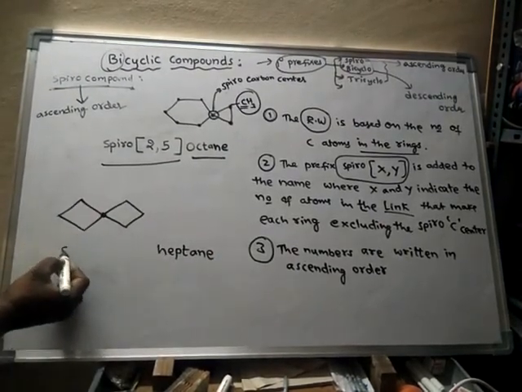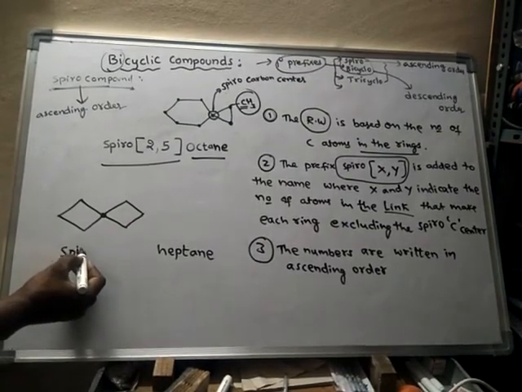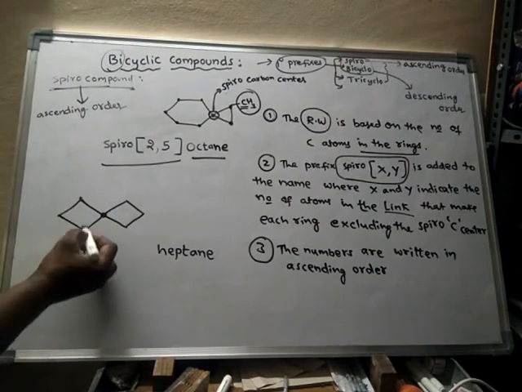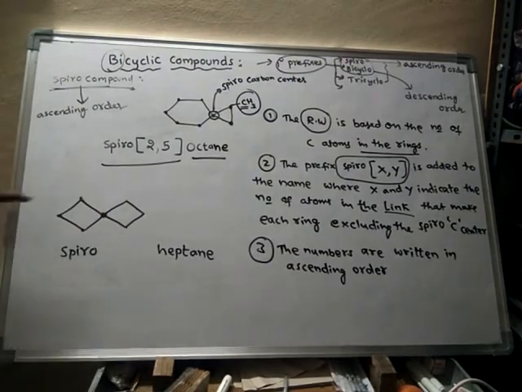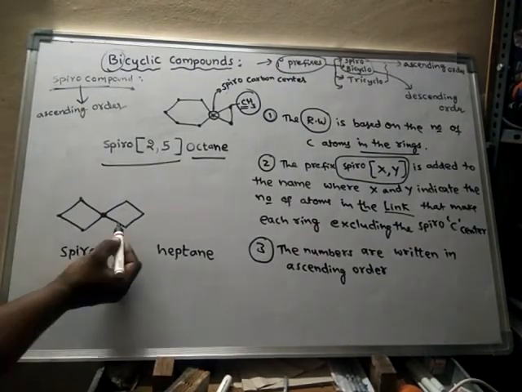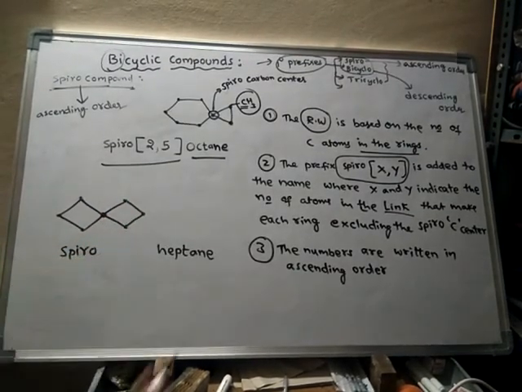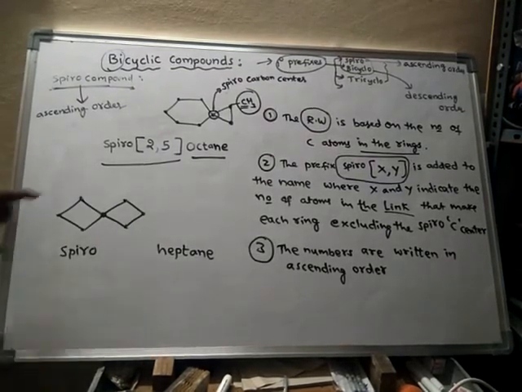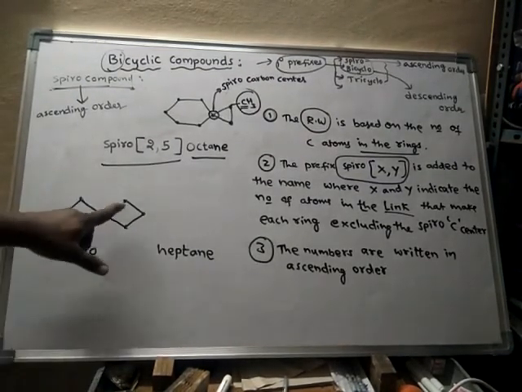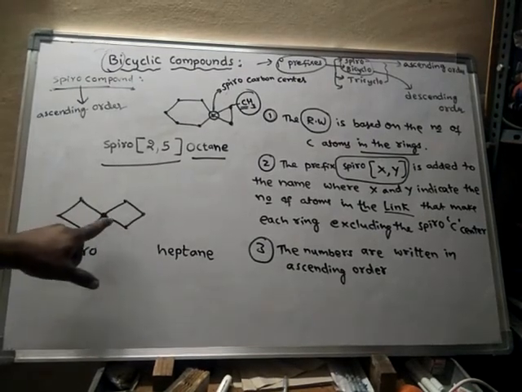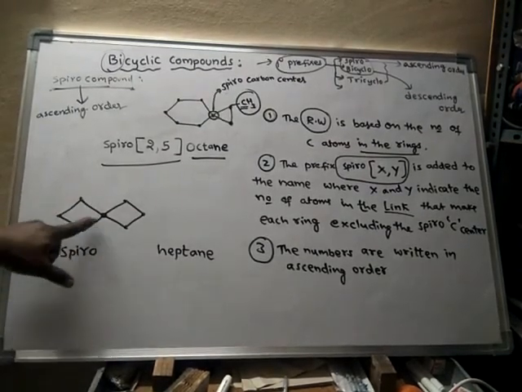So this is spiro. How many carbons are there in this link? 3 carbons. In this link also there are 3 carbons. So the same number of carbons in each link. This part is said to be a link and this part is said to be a link. This one is said to be a ring, and this is also a ring.